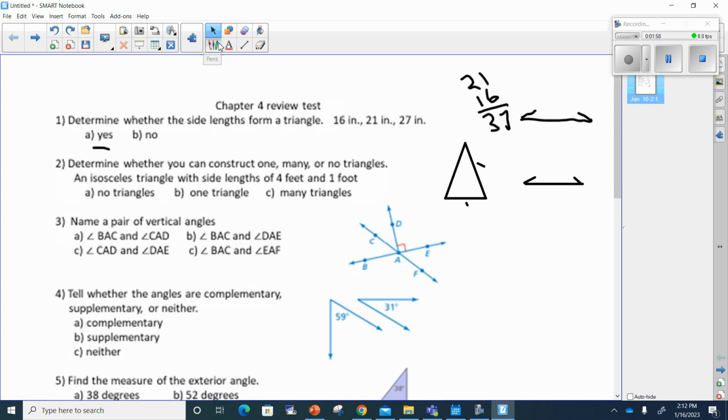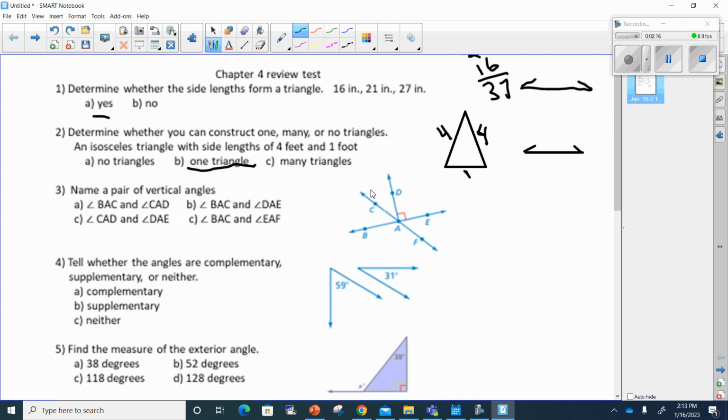Sorry, forgot to put the pencil there. And 4 feet. Okay. And now we know that 1 plus 4 equals 5, which is bigger than 4. So we can only make one type of triangle this way. So my answer has to be B, one triangle.